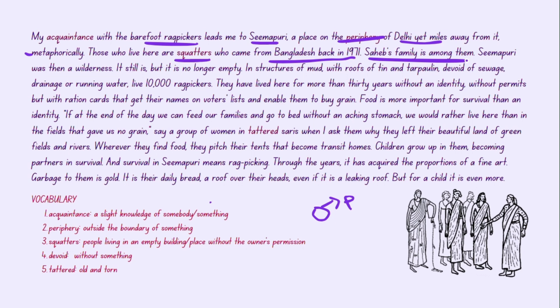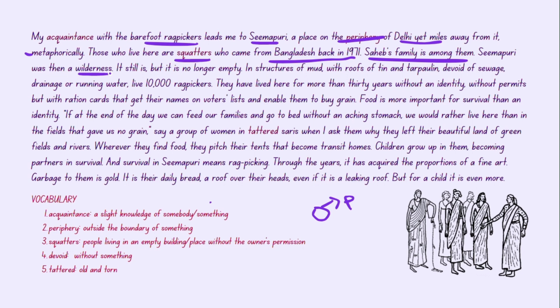Squatters are people who are living in an area without anybody's permission. They found a building, or they found some empty space, and they are just living there, and they don't own it legally. They do not have permission from the owner. They're just living there. All right. Seemapuri was then a wilderness.